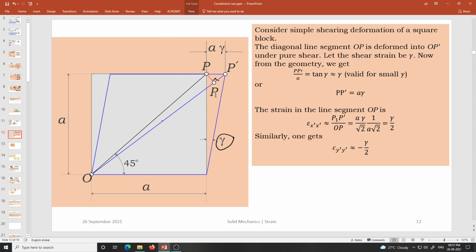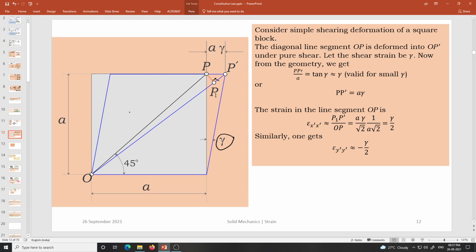So this angle is very small, that's why the radial line and the tangential arc are normal to each other. Using this triangle we can measure how much is the distance between P1 and P prime.